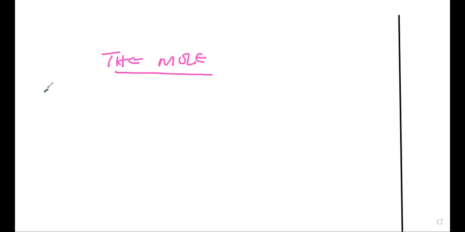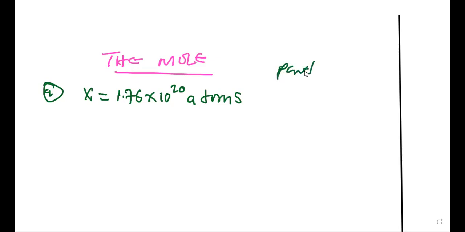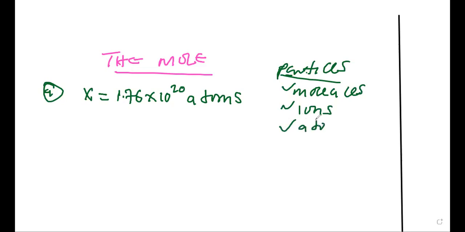Okay, so for part A, our x here is 1.76 times 10 to the power 20 atoms. Okay, so the guidance here is atoms, because the number of particles can be molecules, they can be ions, or they can be atoms.